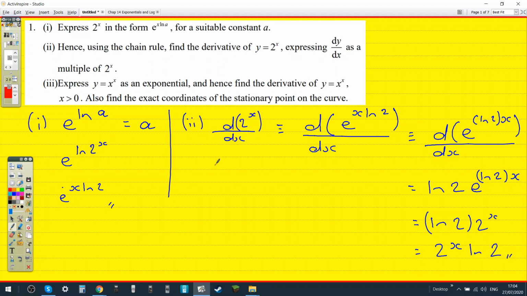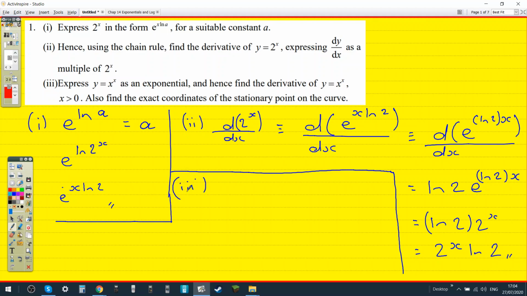And then question 3, part 3. Wouldn't it just be e to the x ln x? Y is equal to x to the x as an exponential. Hey, you're onto something there. Okay. So what would it be, sorry?